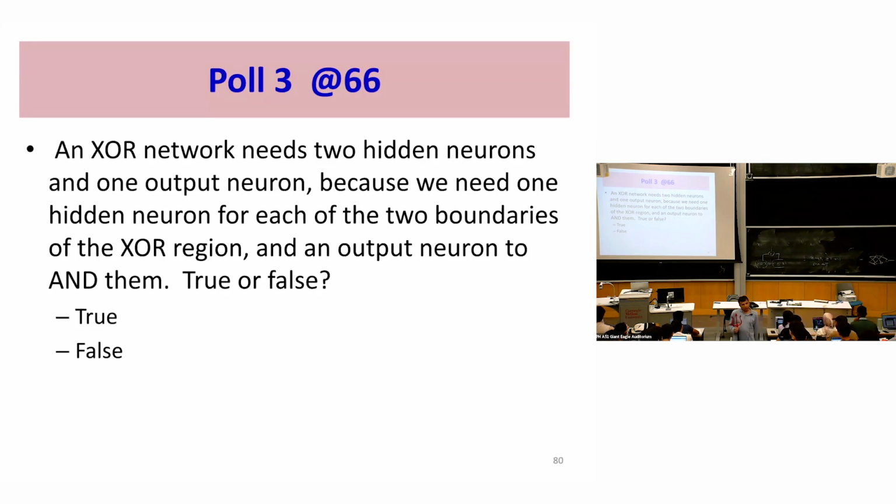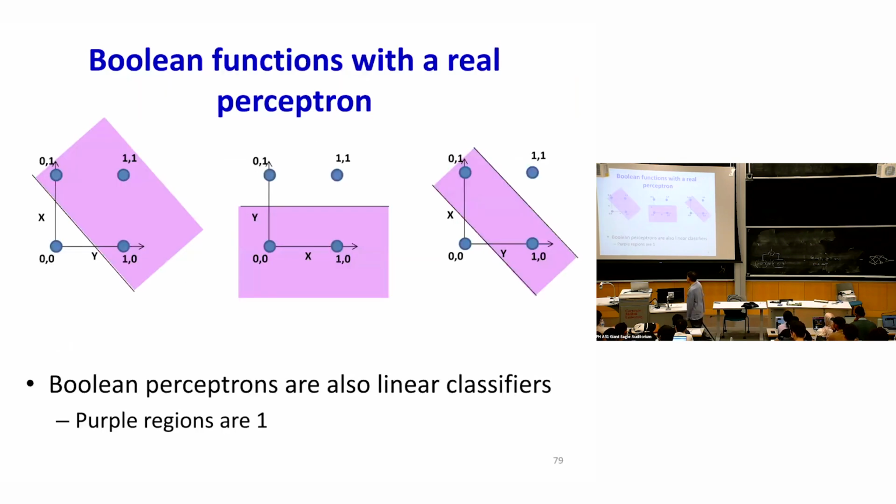Anybody want to answer this on Zoom? True or false? True, thank you. Easy. An XOR needs two hidden neurons and one output neuron because we need one hidden neuron for each of the two boundaries and an output to AND them. That's basically how we did it.